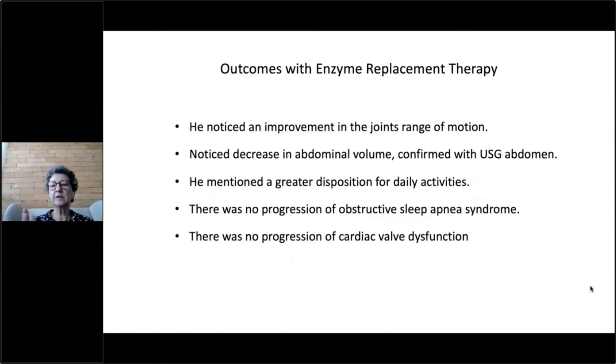This patient started treatment at 18 years old, and he noticed an improvement of the joints range of motion, and a decrease in abdominal volume confirmed with ultrasound. He mentioned a greater disposition for daily activities. There was no progression to obstructive sleep apnea, and no progression of cardiac valve dysfunction. Now he is a physiotherapist.